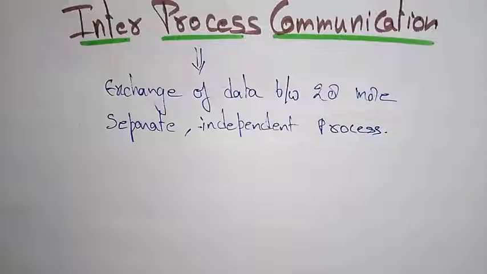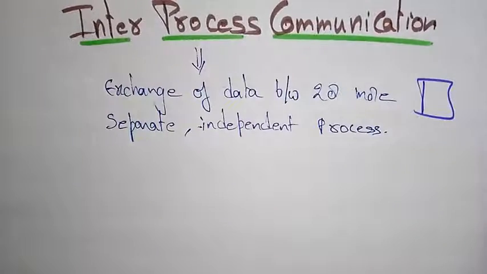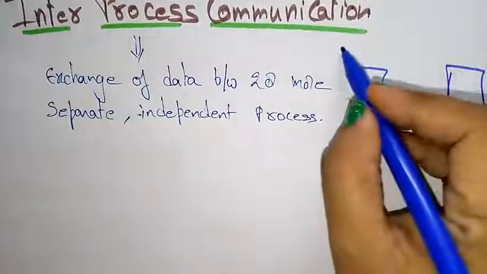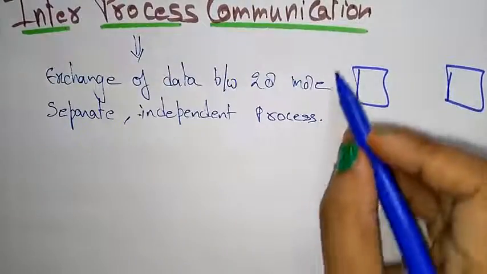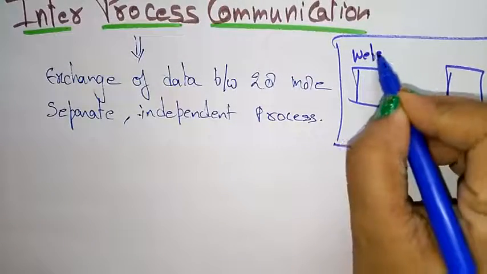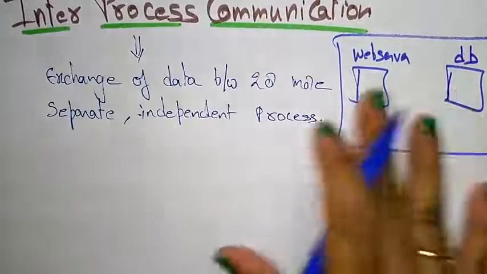Suppose you take two processes, a process P1 and a process P2, and a communication between these two processes. Suppose within a system you are dealing with two processes: one is the web server and the next is the database. These are the two processes.